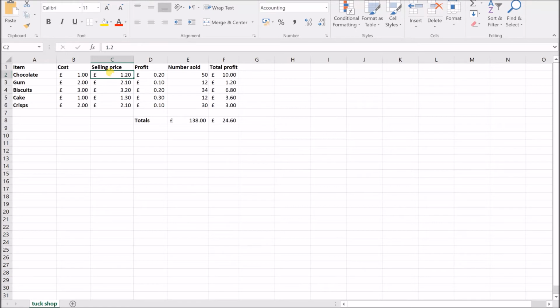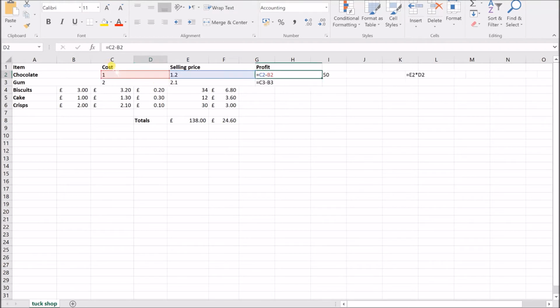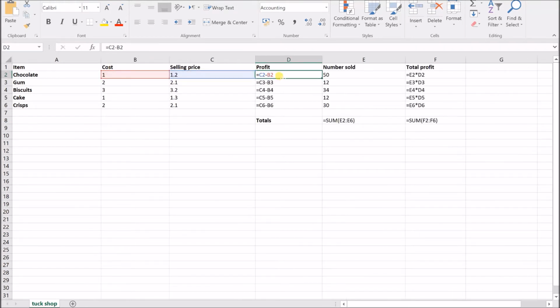Now if I want to increase this profit, I will not work on the profit, because if you see, profit is just a mathematical formula, and also the total profit. If I want to work on increasing or decreasing the profit, I have to work it here.